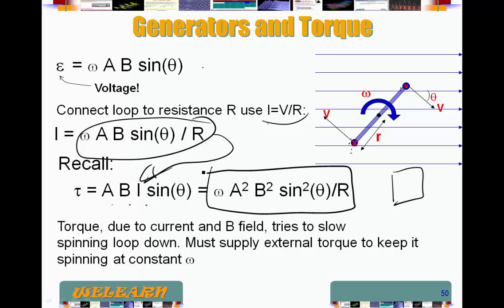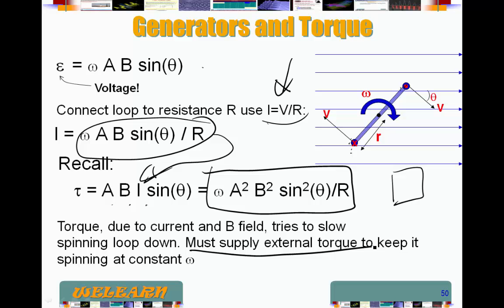However, the most important thing to remember here: what does that torque do? It's going to oppose the change in flux. So as we try to spin it, because of this current, it's going to become harder and harder to spin the loop. So we must supply an external torque, an external energy, to make the loop continue to rotate with the right speed and continue to provide energy.